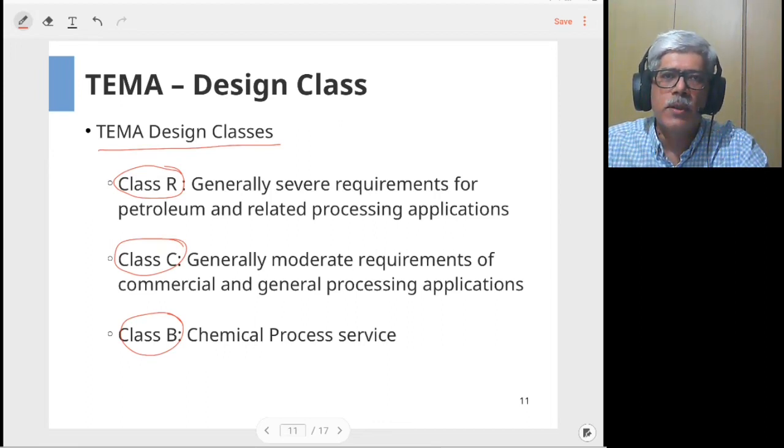Class R is the most severe one, and class B is the least severe one. This is for your information: while you are picking up the clauses from the TEMA design standard, you will first have to assign a class depending on the design conditions of your heat exchanger.